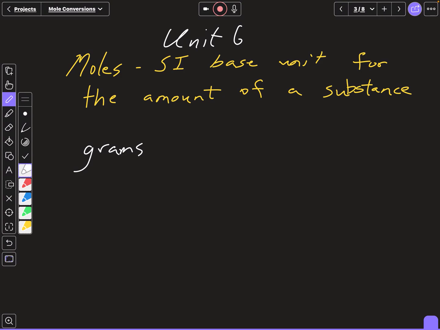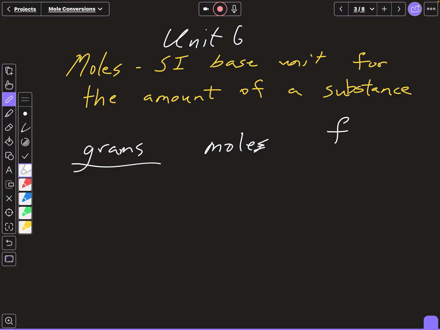We also use this concept called moles to tell the amounts. But the thing about moles is we don't have a balance that can weigh things out in moles. That's why whenever we're in the lab, we always deal with grams. But moles are necessary. You might think, well, what's the point if we can't weigh things out in moles? It's the same concept as having different units for measuring the length of something.